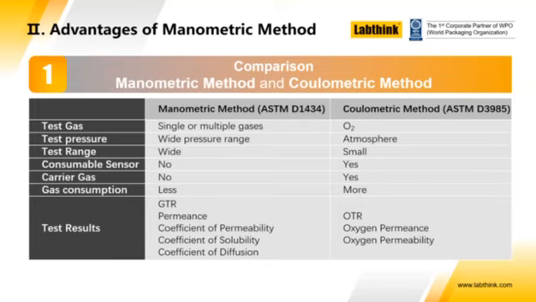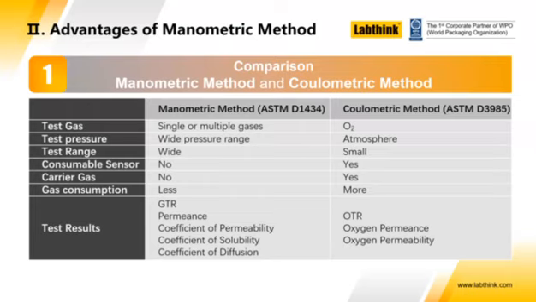So one of the big differences between these methods is that the manometric method is capable of measuring the permeation characteristics of materials subject to a variety of different gases, whereas the coulometric method employs an electrical or electrochemical sensor which is specific for the measurement of oxygen. And so while it's a very good method for measuring oxygen transmission rate, it's of no use for measuring other gases according to standard D3985.